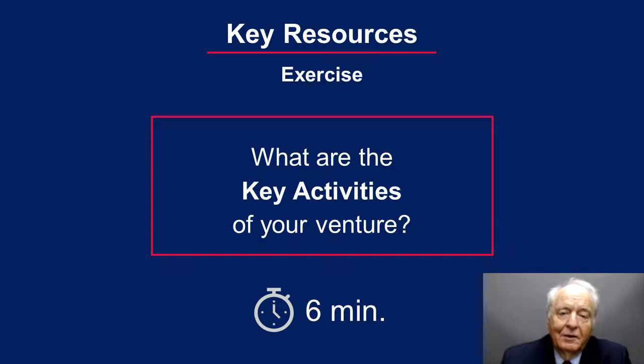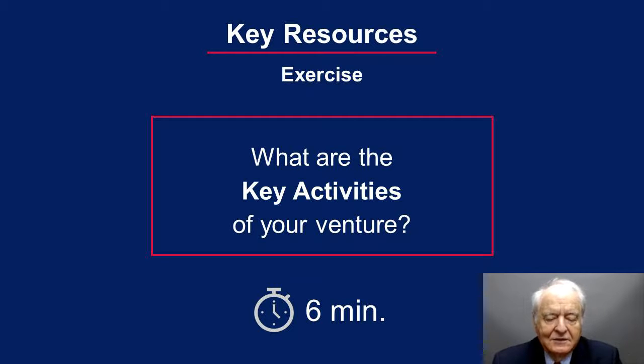Some of you are going to be developing apps, and so one of the key activities that you have to do is make sure that you learn the software necessary to produce and develop the app, or that you can hire coders that can in fact write that software for you. So that's just an example.